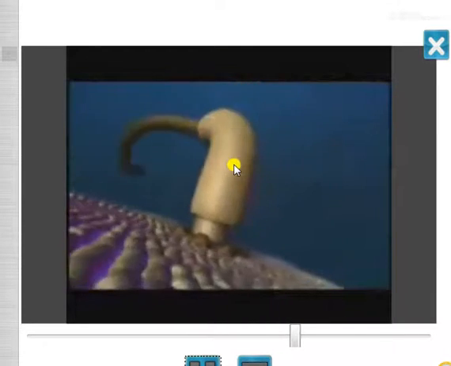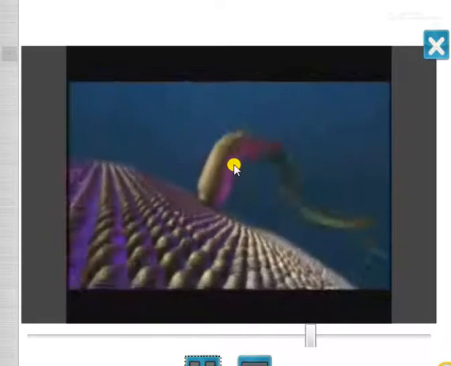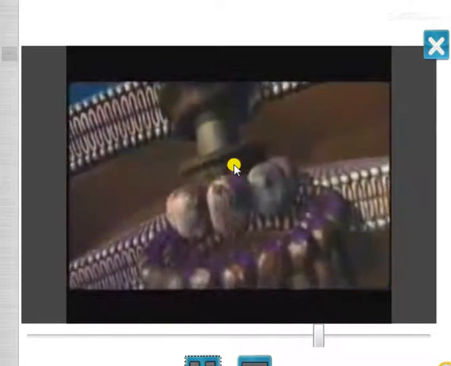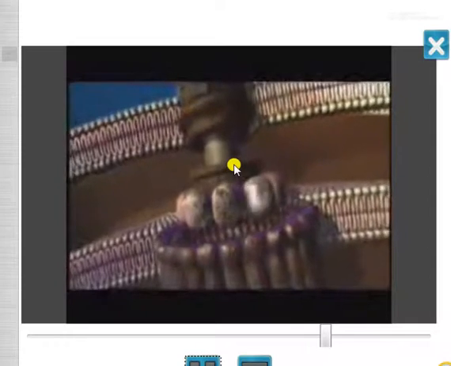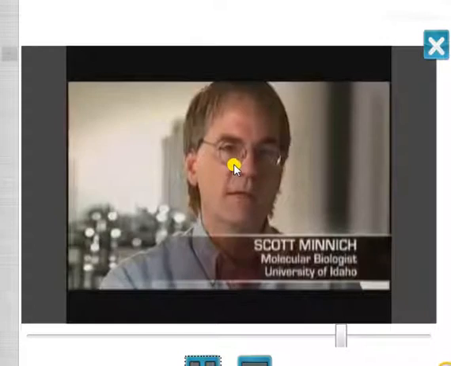Because of the rotation of the basal body, there is a flow of acid from outside of the cell. Because of the rotation of the hook, the filament starts to rotate and creates a wave-like motion. You can see here, because of the rotation of the basal body, the hook is rotating, and because of the rotation of the hook, the filament causes the wave-like motion.